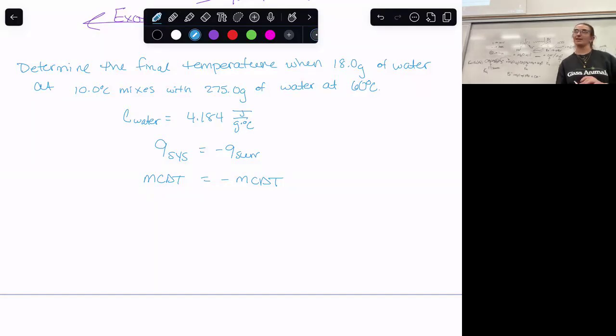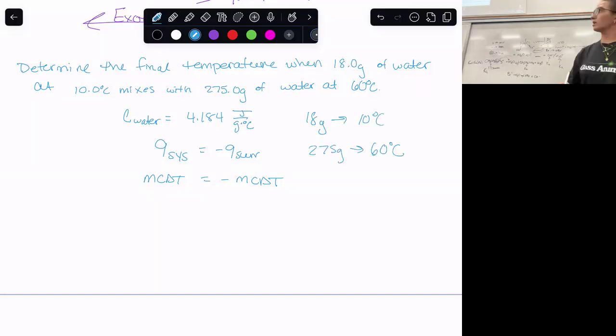So Q system is equal to negative Q surroundings. So we have our 18 grams at 10 degrees Celsius, and our 275 grams at 60 degrees Celsius.